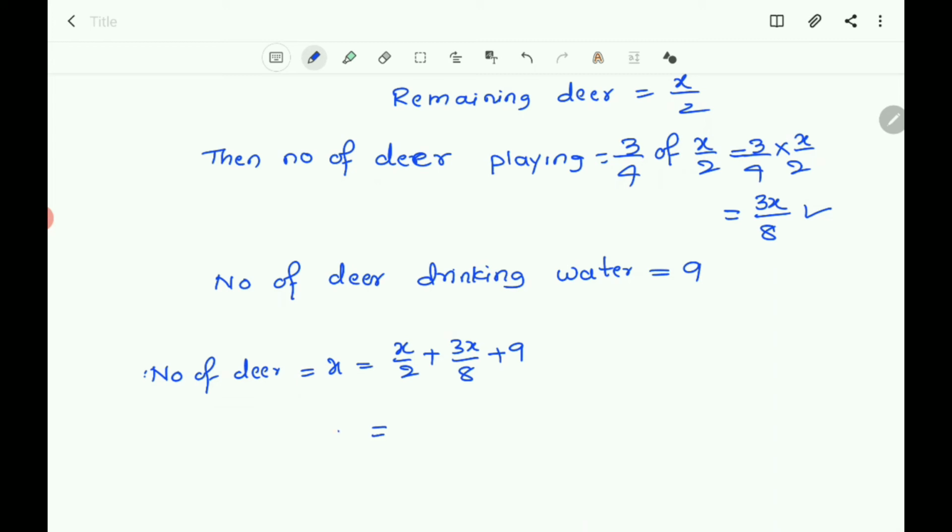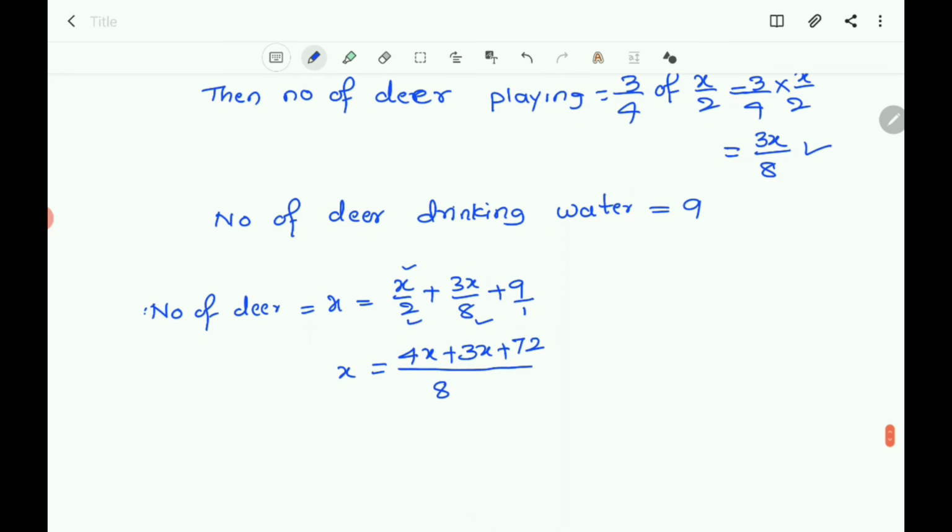Now take the LCM of 2 and 8, which is 8. 2 fours are 8, so x fours are 4x, plus 3x, plus 9 eights are 72.